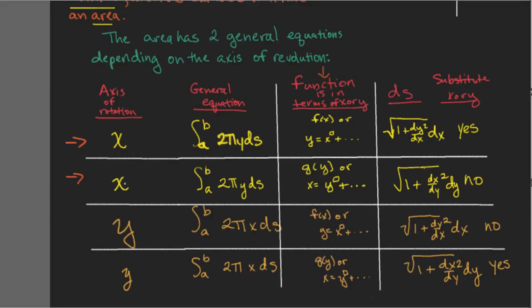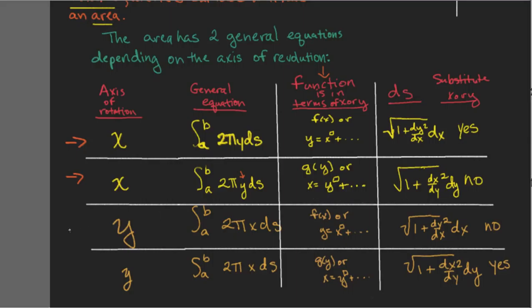Whereas with the same rotational axis and the function given in terms of x equals some function of y, then we have to do dx dy squared, and it's going to be a dy integral. So it doesn't make sense to substitute that y in because it's in dy.